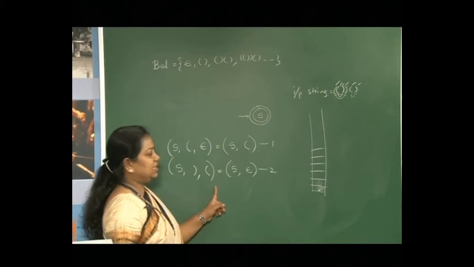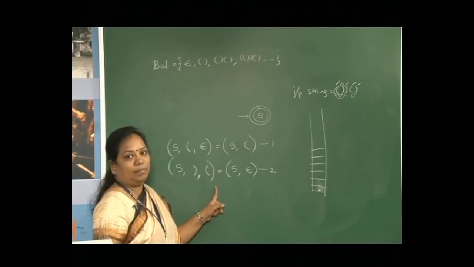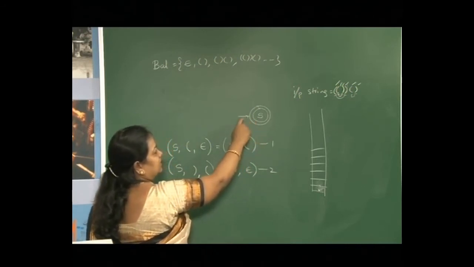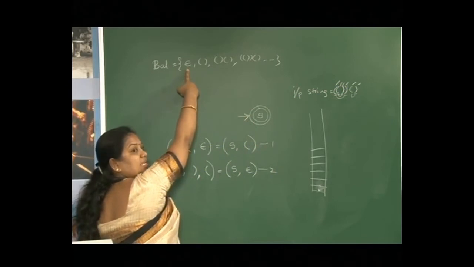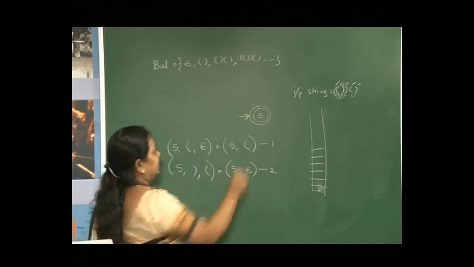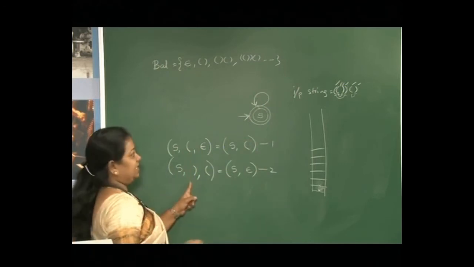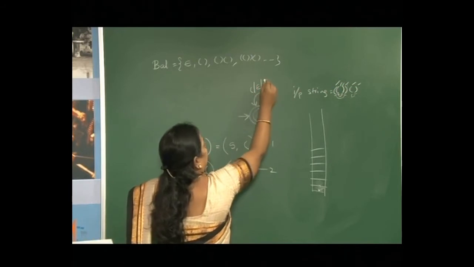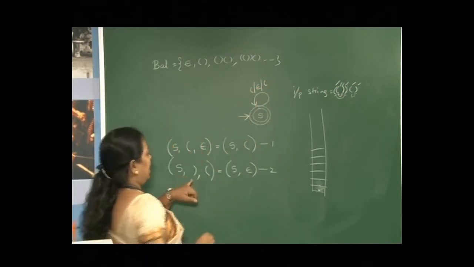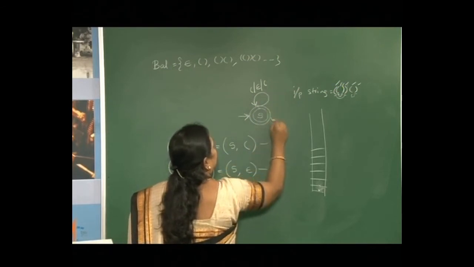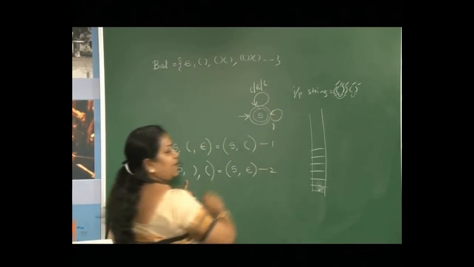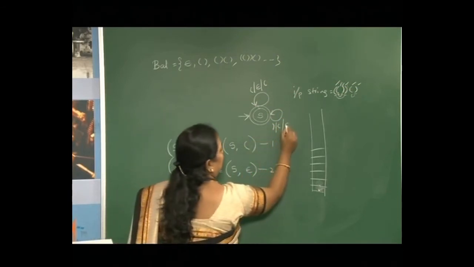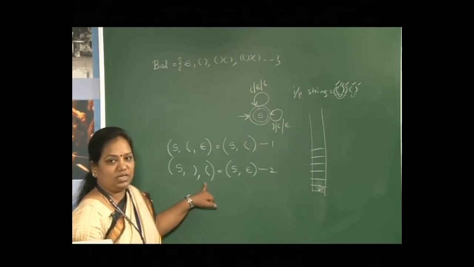So these are the two rules written in this PDA, and the pushdown automata transition diagram looks like this: the initial state, since epsilon is the first string, is the final state, and we have only two transitions here. One is S, opening parenthesis, epsilon, pushes the opening parenthesis. The other is S, closing parenthesis, top of the stack is an opening parenthesis, then pop the topmost element of the stack.